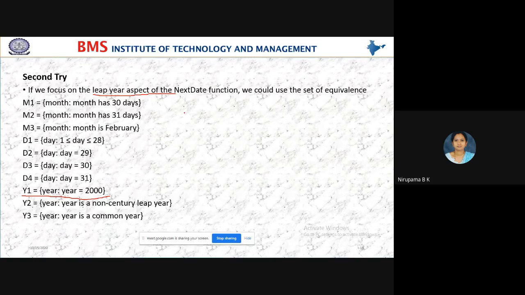I want to check, because when I was explaining, I told that if we divide the year by 4, if the remainder is equal to 0, then the given year is a leap year. Yes, correct?